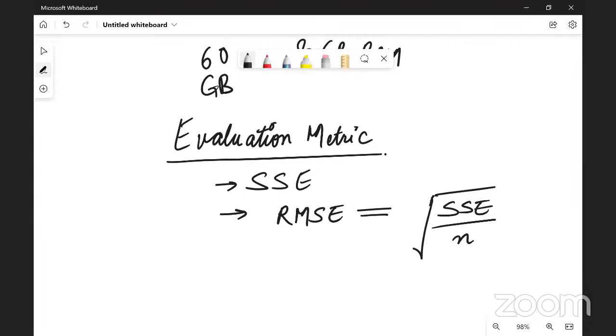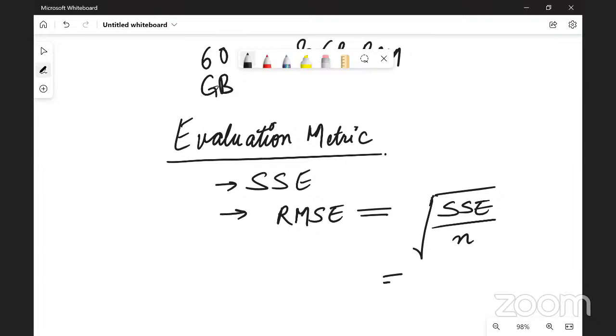Kind of standardizes it, in the same units as the data itself. That is also exactly right. So RMSE is in the same unit as the label.